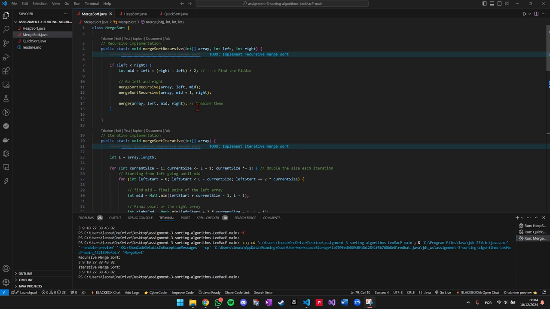So here is task 1, the implementation of merge sort. For the recursive implementation, I followed the example that we did in class.